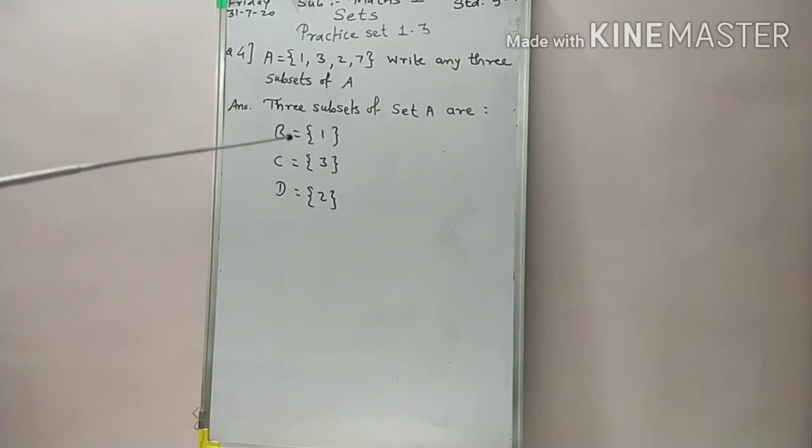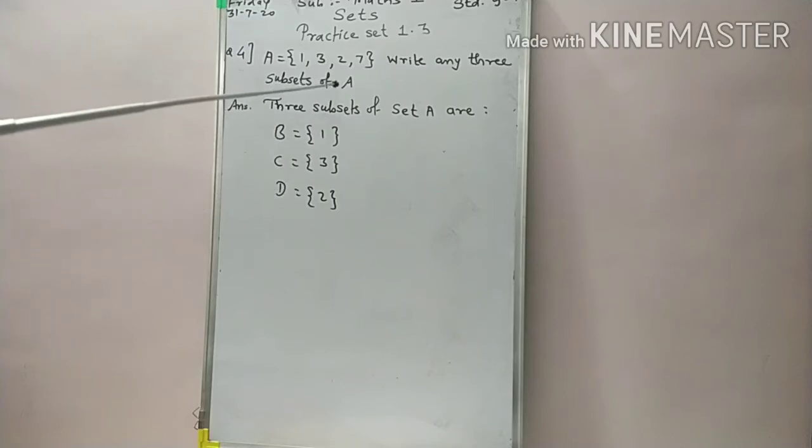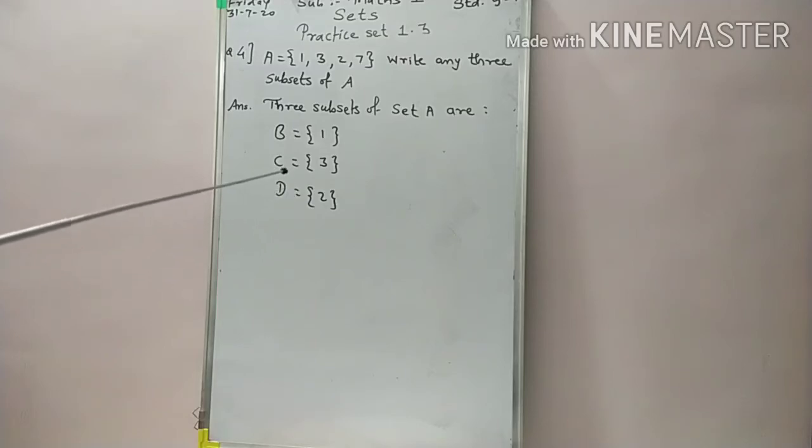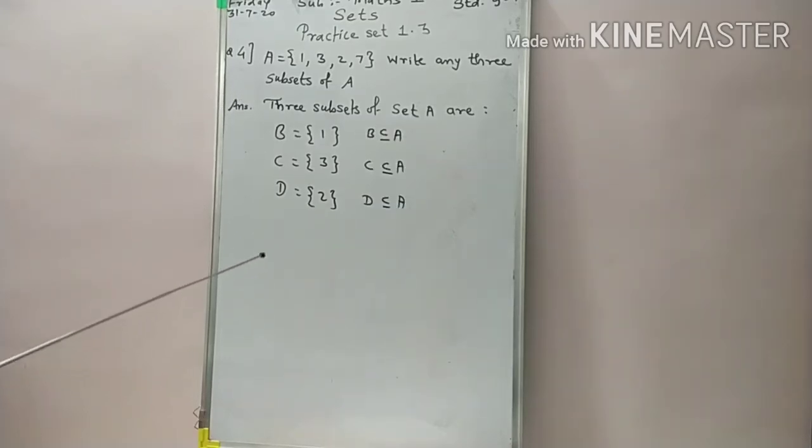All elements of set B are in A, so you can say B is a subset of A. Or you can take 3 as an element for a second set C, so that all elements of C are in A. So C is a subset of A. You can take another element 2, name it set D, so that all elements of set D are in A. So D is a subset of A. Like this, you can make a number of subsets of set A.